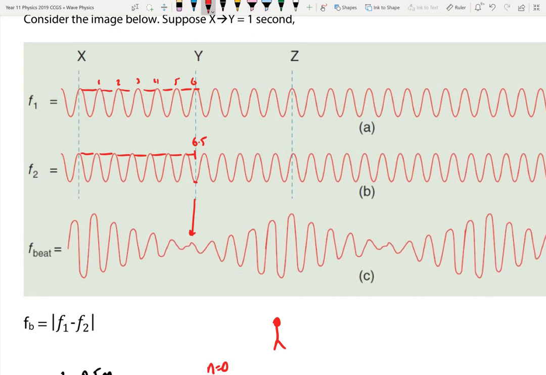Now, if I change one of them by 1 hertz, then in 1 second, this guy is going to put out 100 waves. This guy is either going to put out 99 or 101. Okay? So let's just change. All right, here we go. Ready?